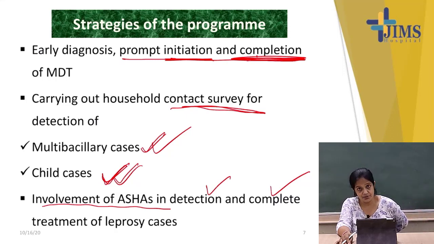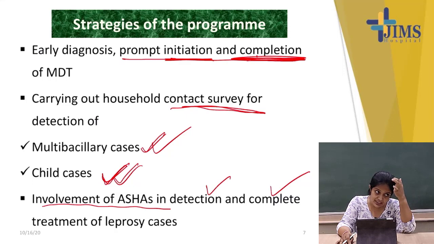And if it is completed, then for the paucibacillary the ASHA is given 600, and for the multibacillary rupees 800. Maybe now, from December 2019, it has been rupees 1000 probably.